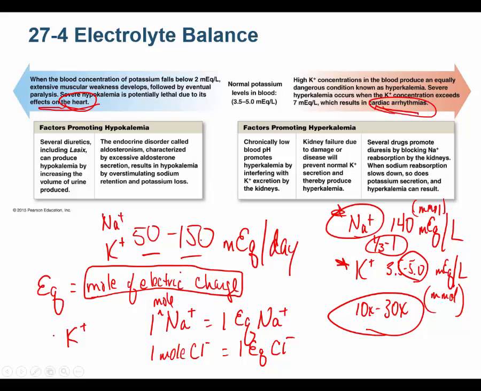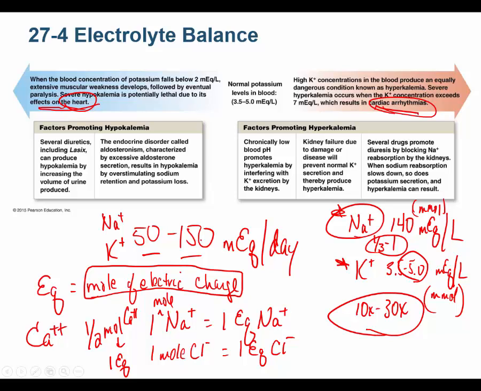But we do have these cations and anions that have more than 1 charge. Calcium. Calcium has 2 charges. So half a mole of calcium is 1 equivalent. Because half a mole is actually a mole of charges, because there's 2 charges per calcium.